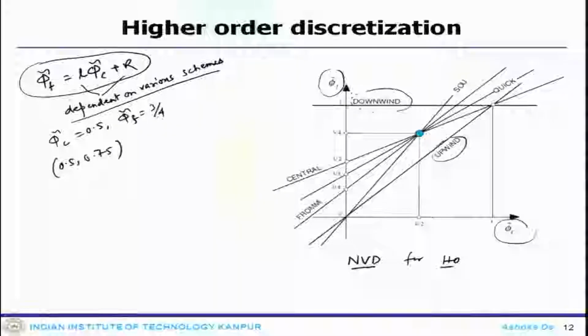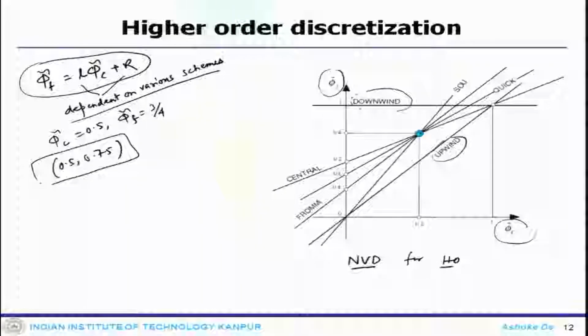In fact, it can also be shown that for a scheme to be second order accurate, it has to pass through this point. The other way around, any higher order resolution scheme to be at least second order has to pass through this point. This is a unique point, and in addition, if its slope q is 0.75, then it will be third order accurate.